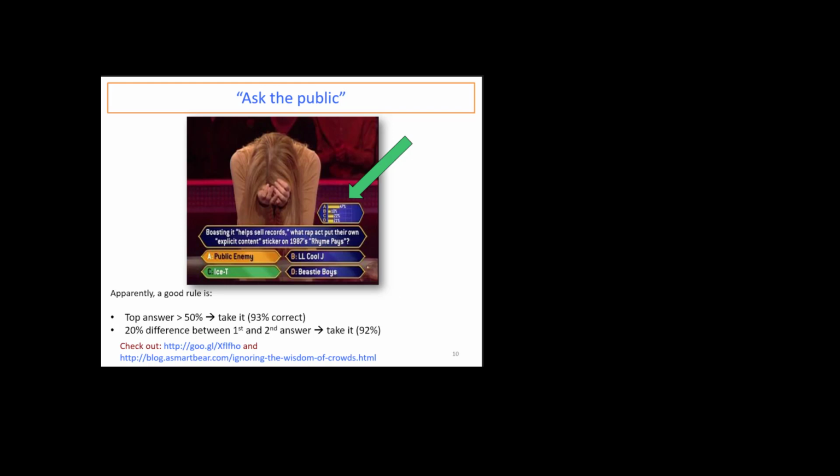The audience can vote for the right answer, and people calculated this: if the best answer is voted for by more than 50%, you have to choose it, because probably it's the right answer. And if there's a difference of 20% between the first and the second answer, the advice is also to take it, because probably it will be the best answer.